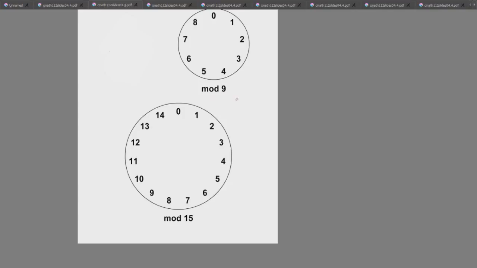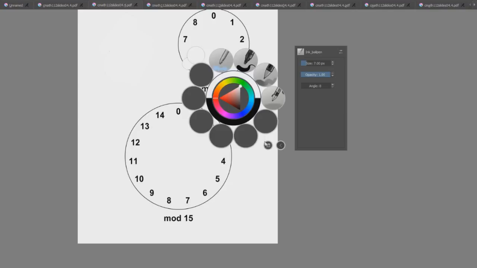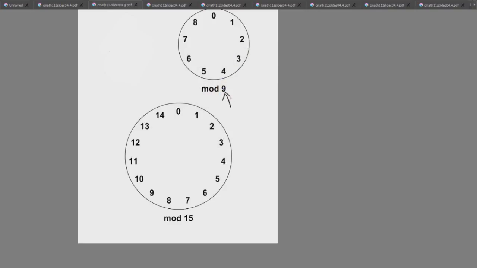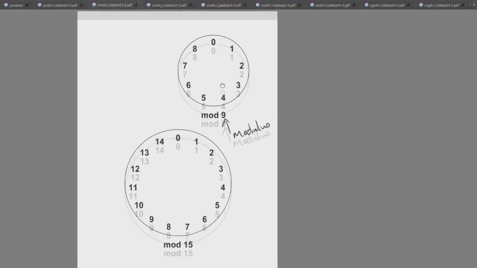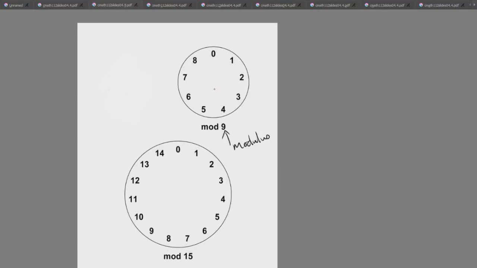And what we call here the modulus, that I'm indicating, tells me what size circle I'm counting on.